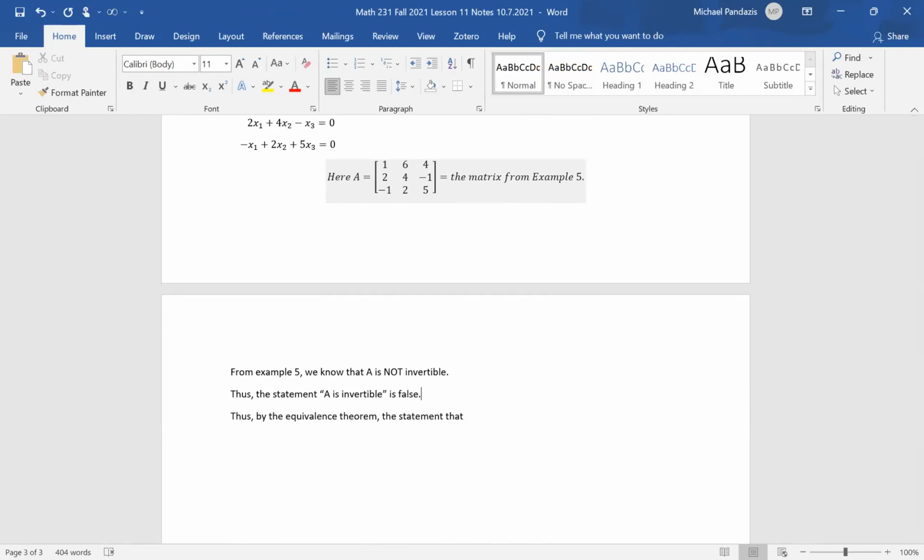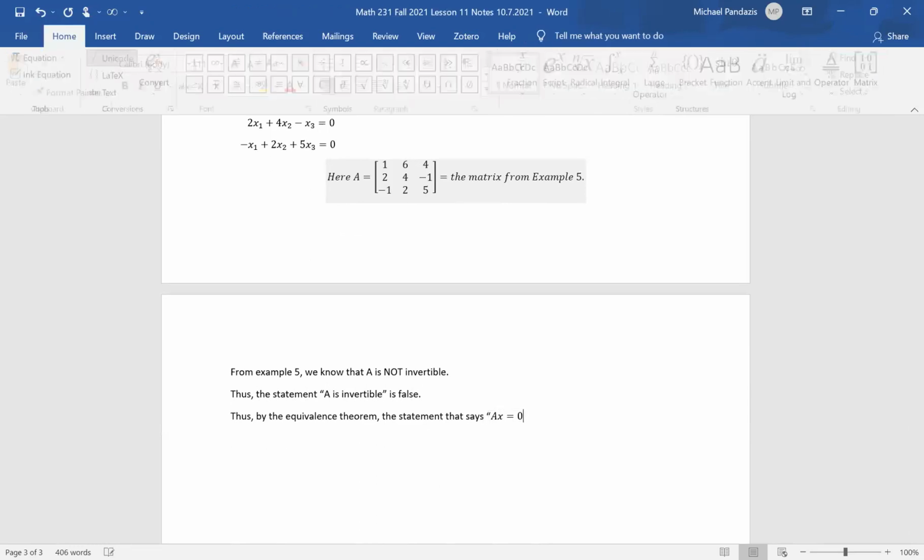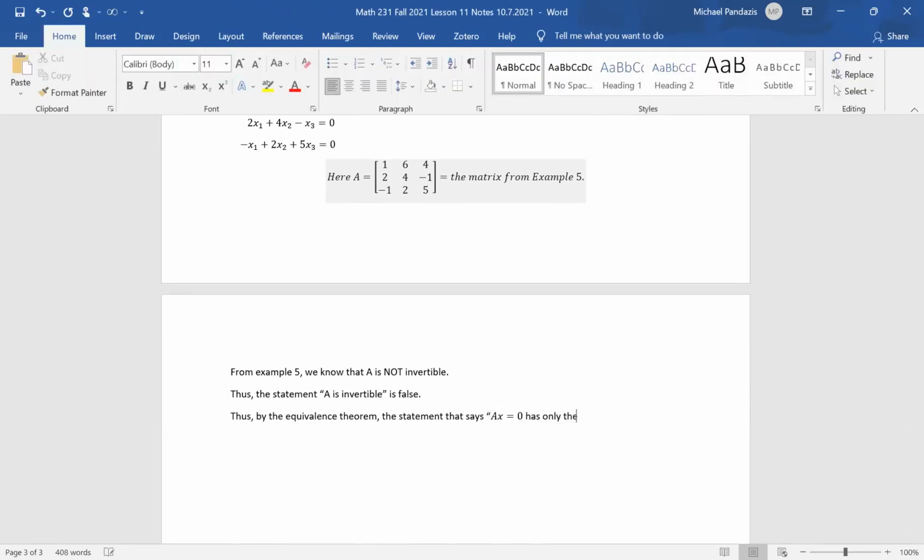Thus, by the equivalence theorem, the statement that says AX equals 0 has only the trivial solution is also false, because the equivalence theorem says they all have the same truth value.